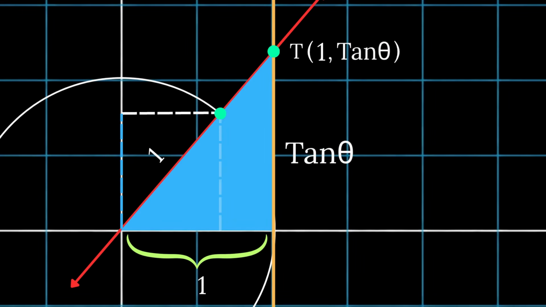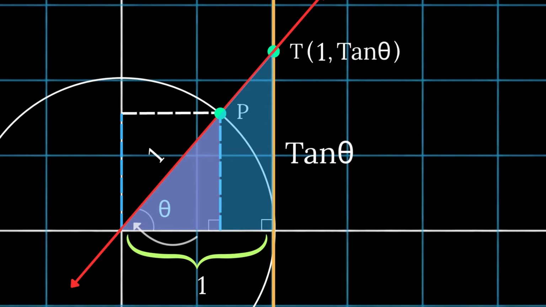Now we have one more side to find. And this one comes very easily if you think about proportions and similarity. These two triangles are similar. We know this because they share the same angle theta, and they are both right triangles. So by angle-angle similarity, the ratio of their side lengths must be proportional.